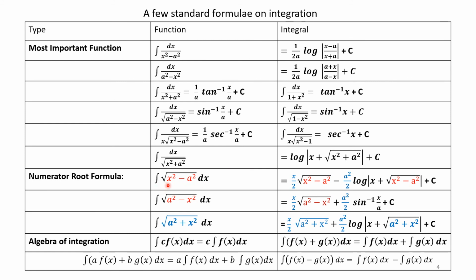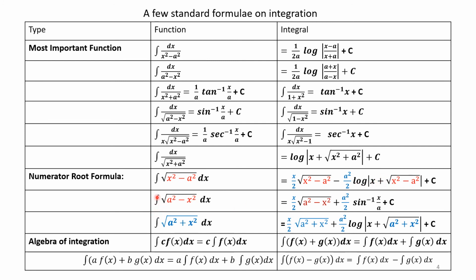Suppose x square minus a square is here, here also it is x square minus a square, minus, because minus is before a, you write minus here, a square by 2 into log of x plus square root of the same value x square minus a square. Here you have to put it between the modulus sign, plus c.